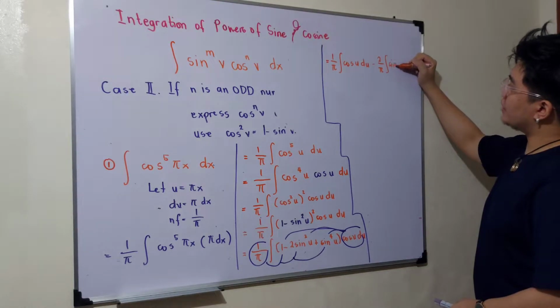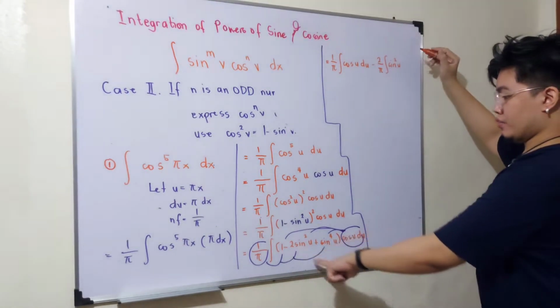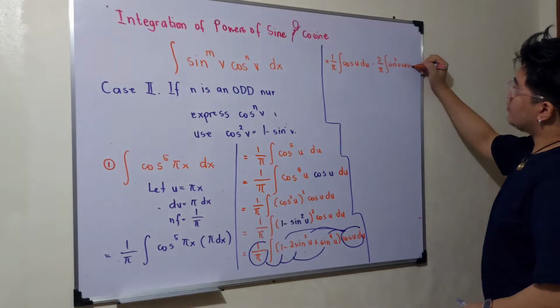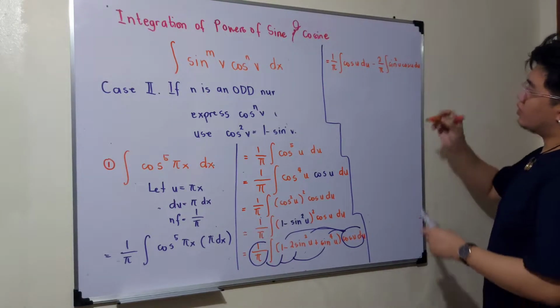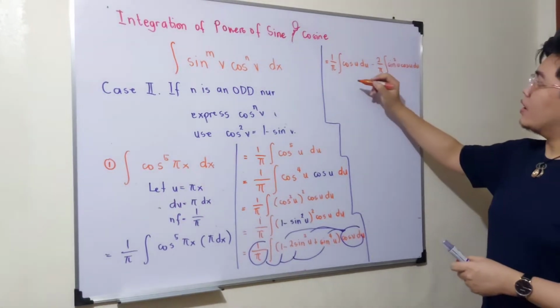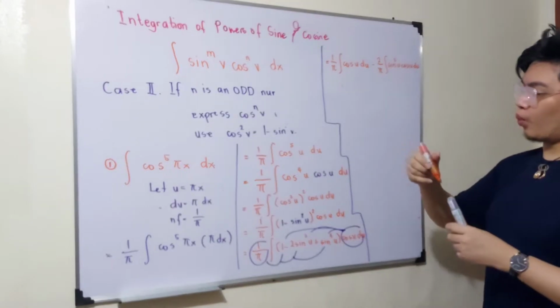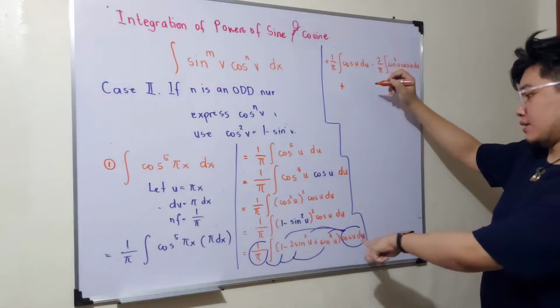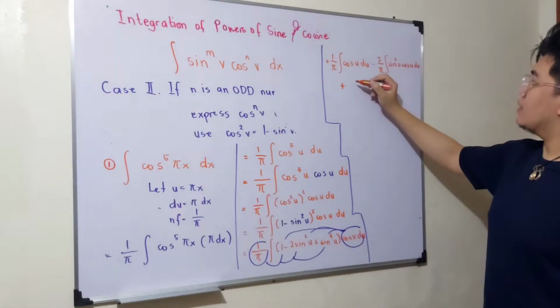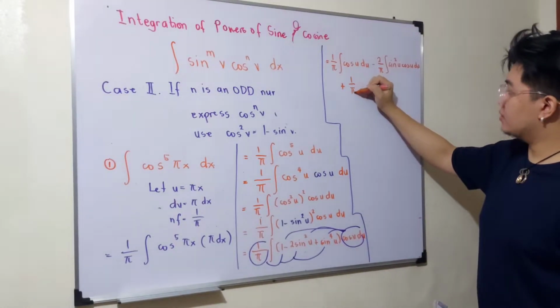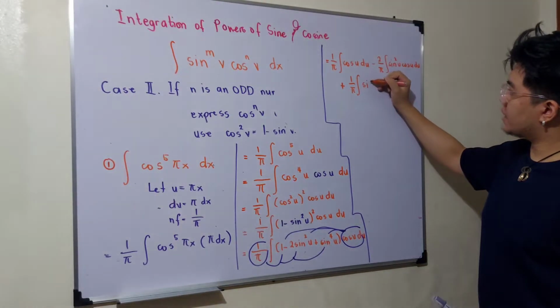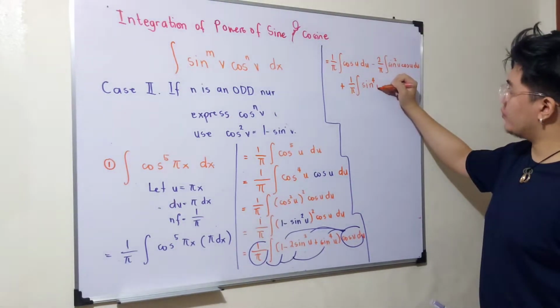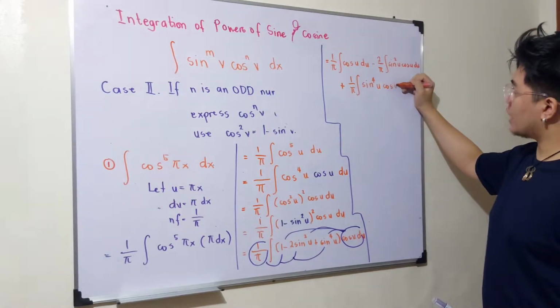So we have sine squared u, and then cosine u du. Last term, we have plus 1 over pi integral of sine raised to 4 u cosine u du.